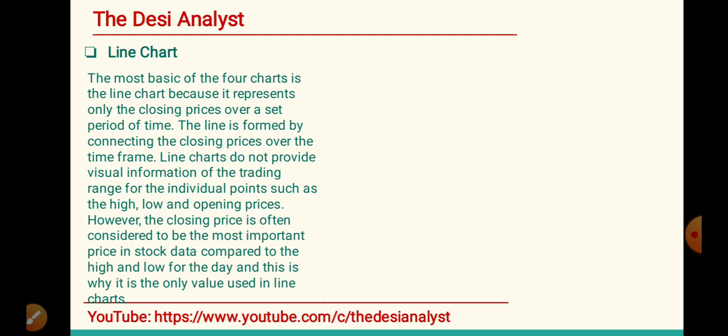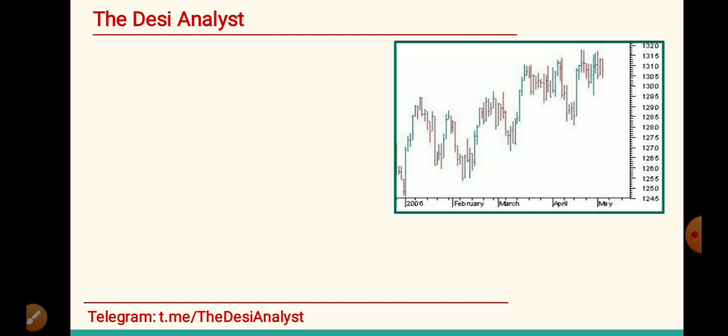Line charts do not provide visual information of the trading range for the individual points, such as the highs, lows, and opening prices. However, the closing price is often considered to be the most important price in stock data compared to the high and low for the day, and this is why it is the only value used in line charts.